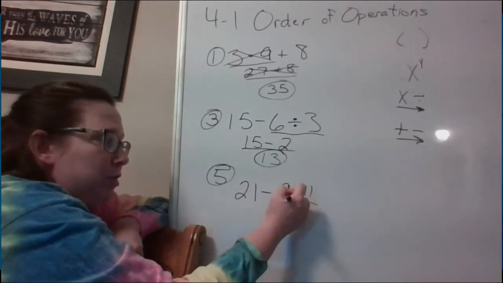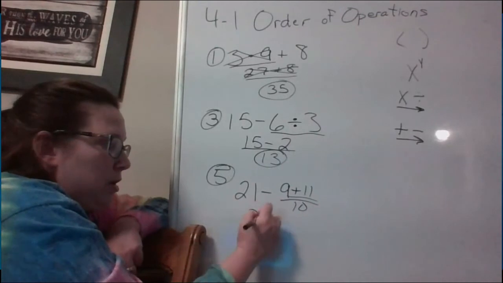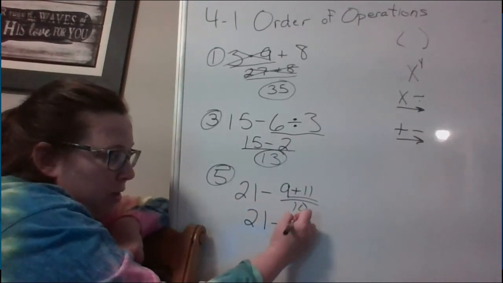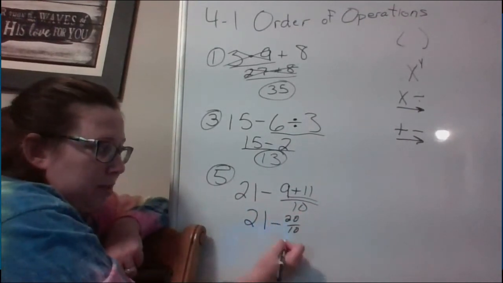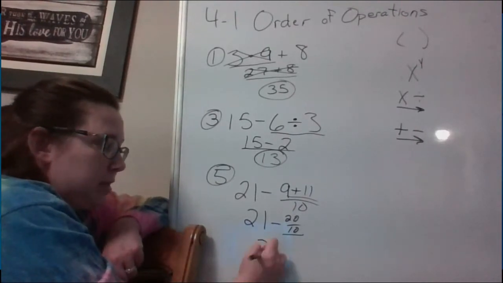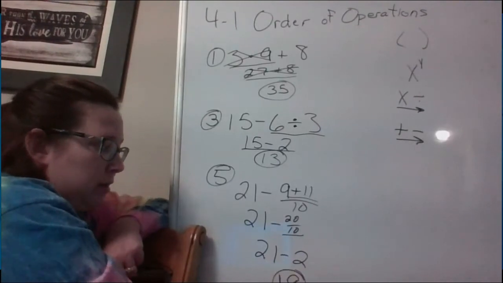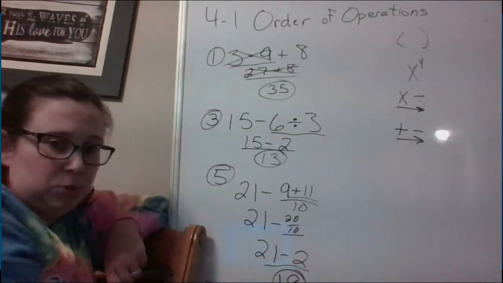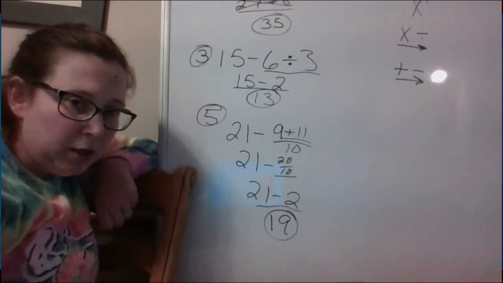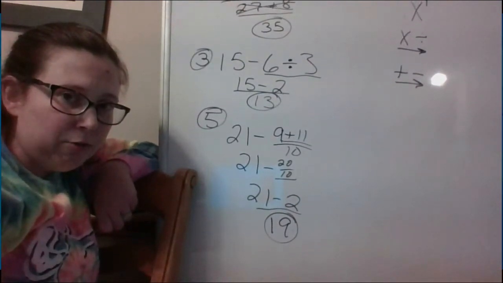So that's the first thing that we're going to do. And when we do that, we get 20 divided by 10. So that's the next thing that we're going to do. And then finally, we would do the subtraction and, sorry about that, and get our answer of 19.